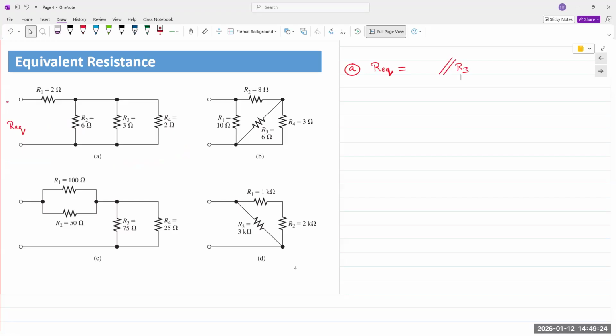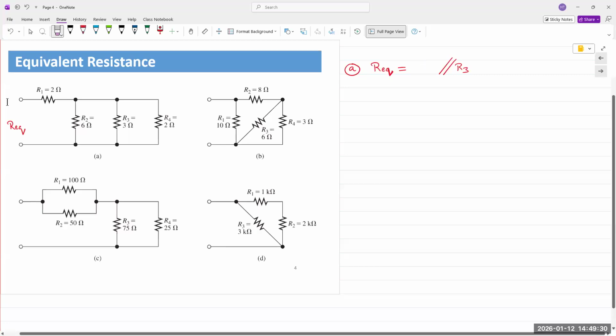The 2 slanted horizontal lines, or the 2 forward slashes, is my symbol for parallel. So R4 in parallel with R3, which is parallel with R2. And then those are in series with R1. Okay.